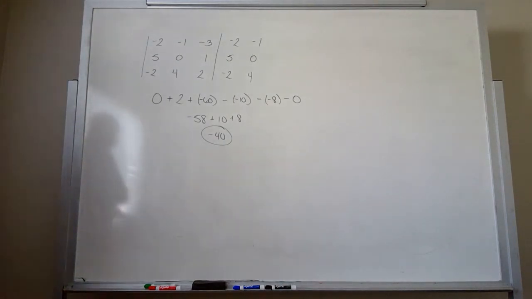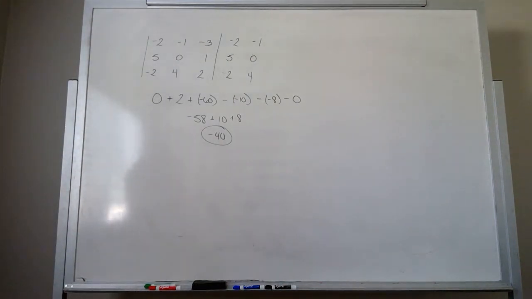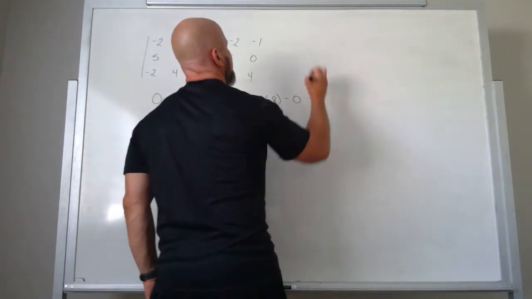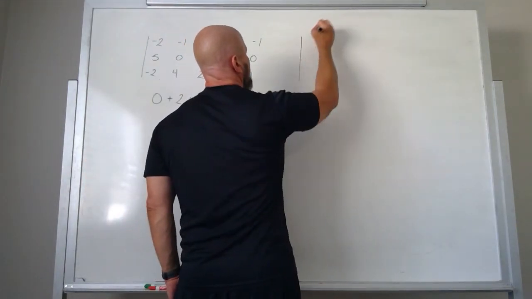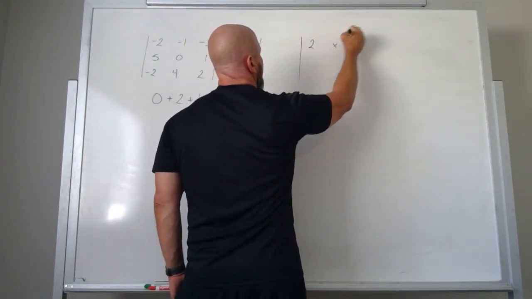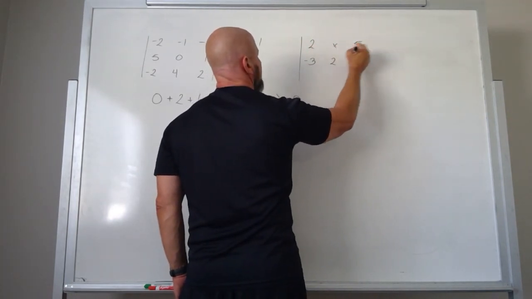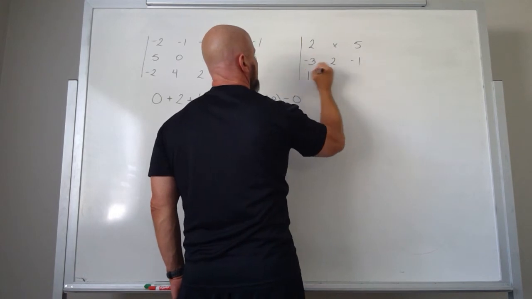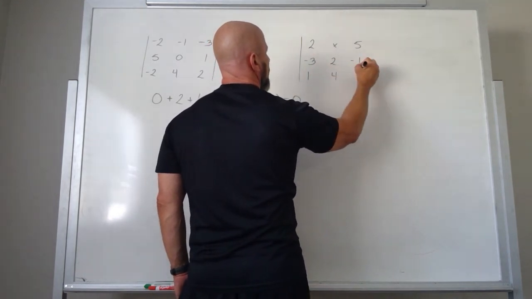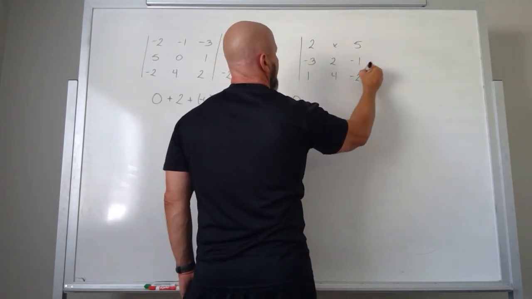Okay. Now let's take a look at one more of these 3 by 3s, and I'm going to change it like we had before with the 2 by 2. I'm going to put an X in here. So here's my 3 by 3. 2, x, 5, negative 3, 2, negative 1, 1, 4, negative 2.